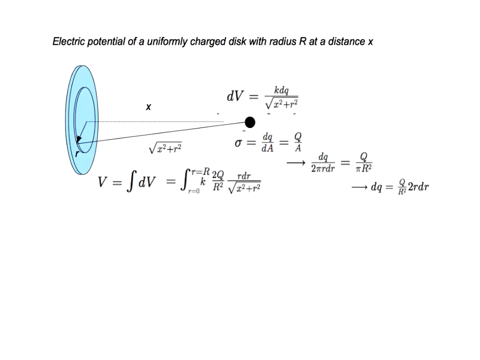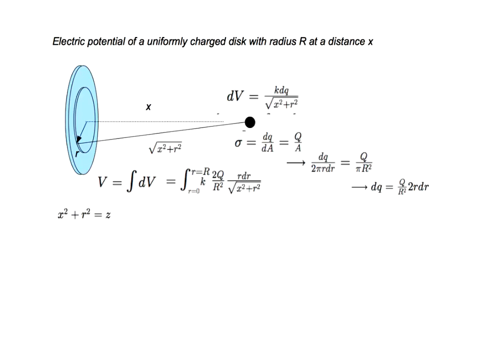Here I have used the result for the electric potential due to a ring, and I have replaced the charge residing on the ring with the result that we just derived. The limits are from the smallest possible ring that corresponds to radius little r equal to 0 to the largest ring that we can see on the disk, corresponding to a ring with a radius equal to big R, the radius of the disk. The integral is going to be solved through substitution.